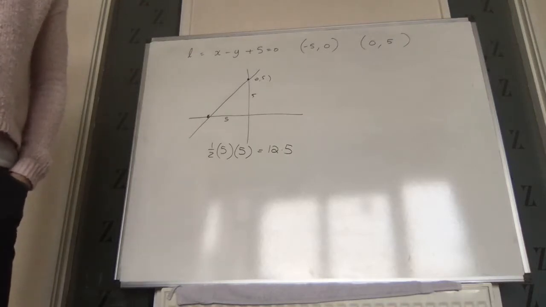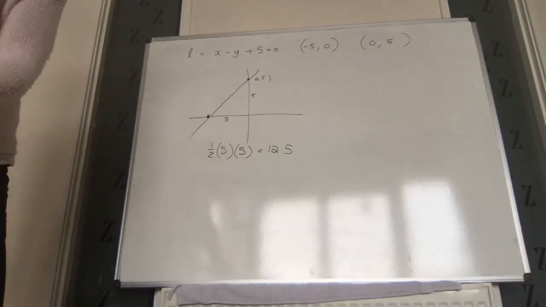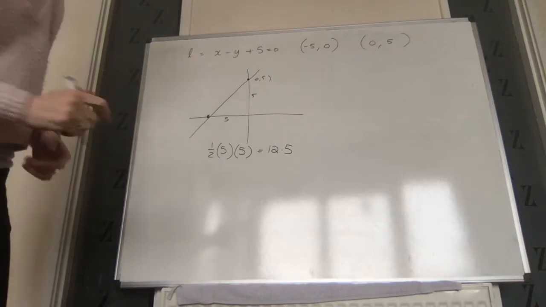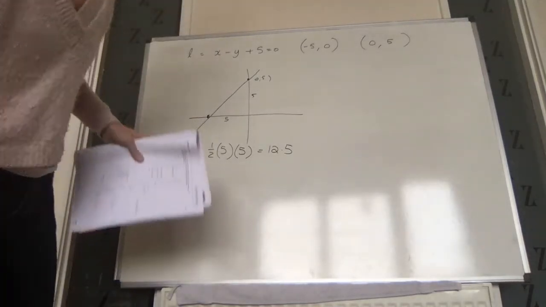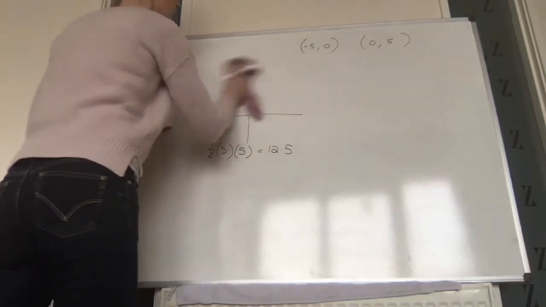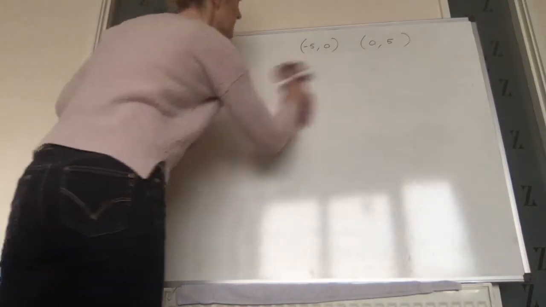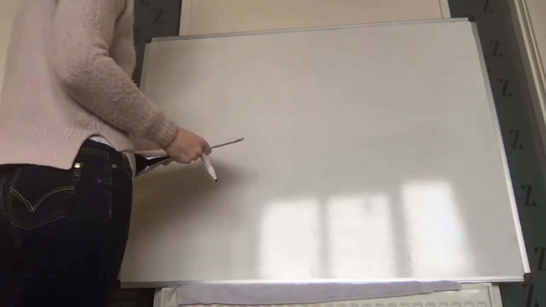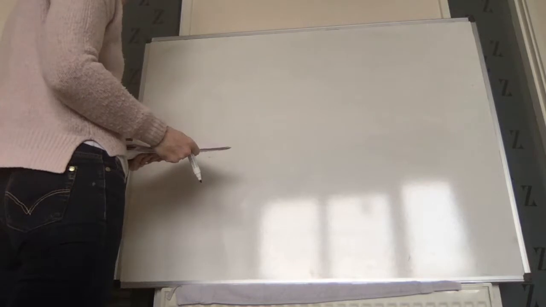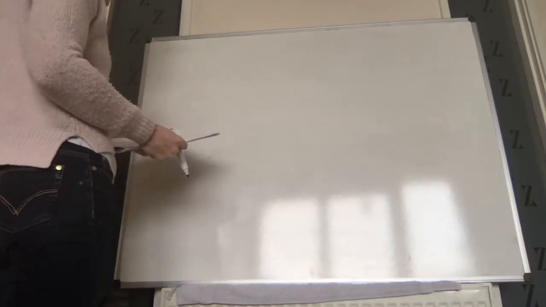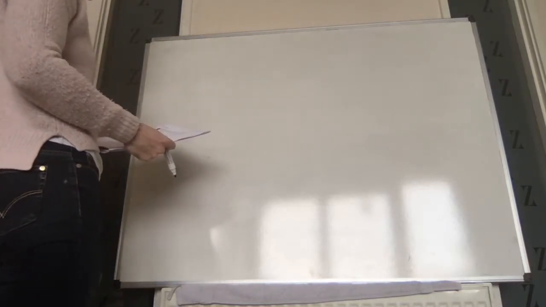Okay, and the third part: a second line, y equals mx plus c, where m and c are positive constants, passes through the point (-3, 2), and forms a triangle with the axes of equal area to that in part B above.